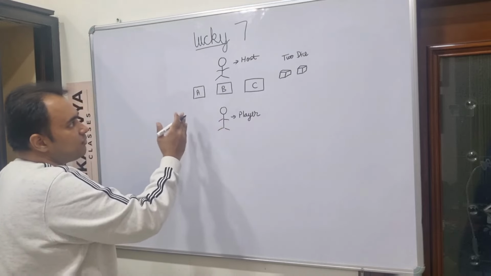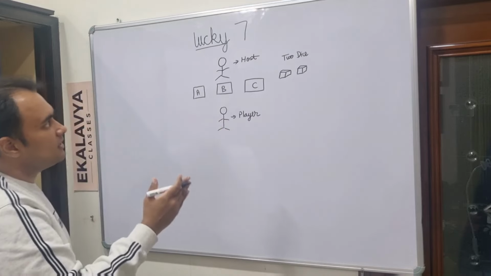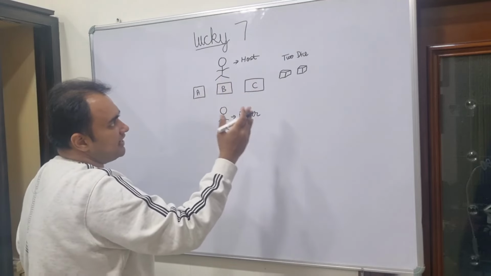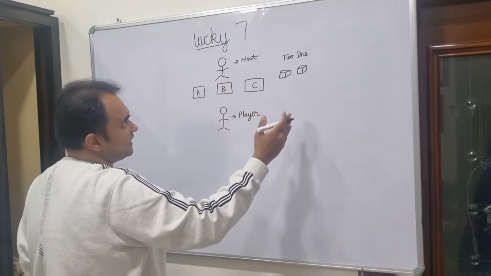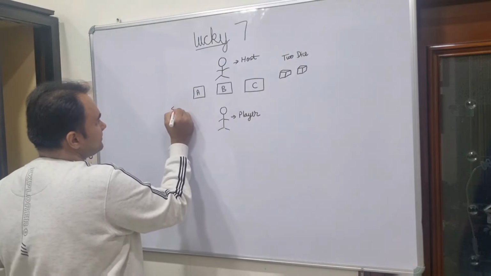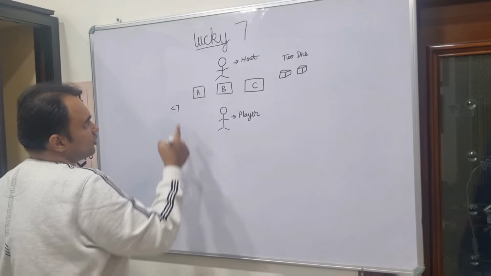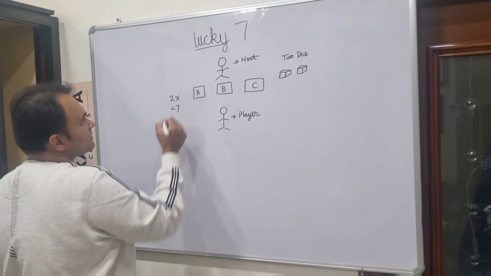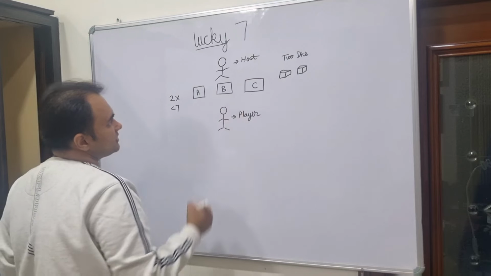To decide which box wins and which box loses, the host rolls 2 dice and the sum of the value on top of these 2 dice is calculated. If that sum is less than 7, then box A wins and it multiplies your money 2 times and box B and C lose.